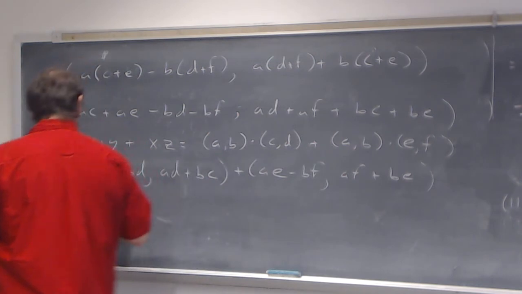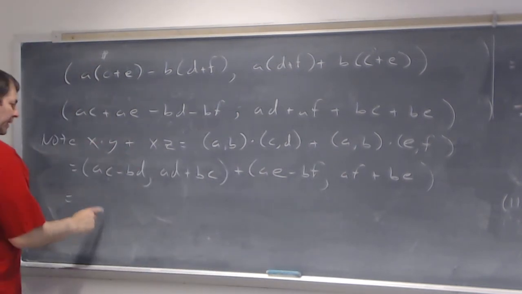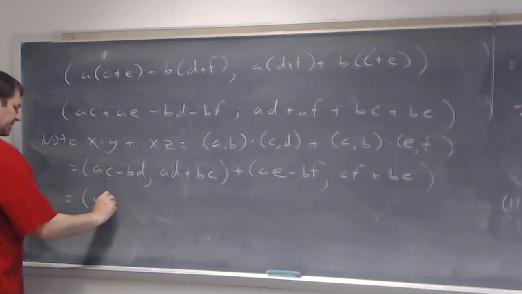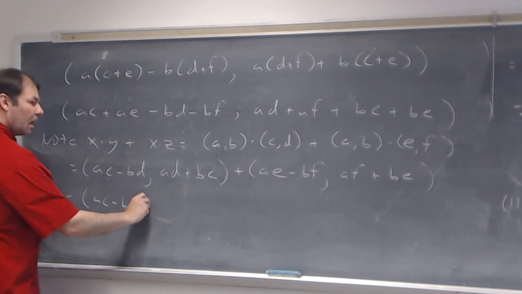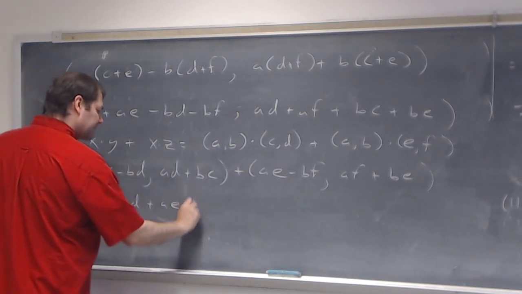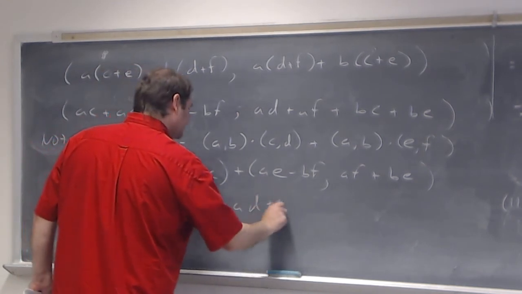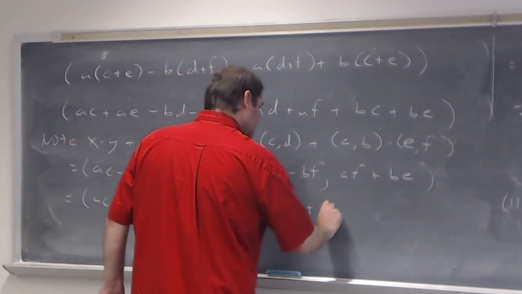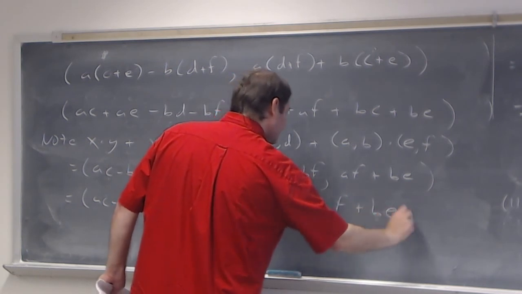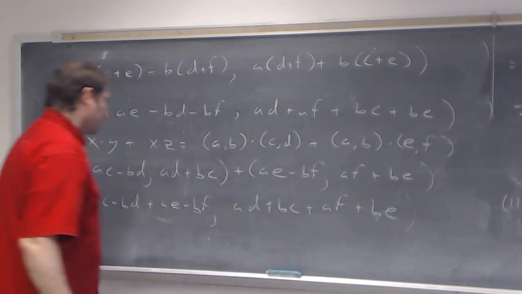If we add the coordinates together, here it's AC minus BD plus AE minus BF, comma, and then it's AD plus BC plus AF plus BE. And that's what we have.